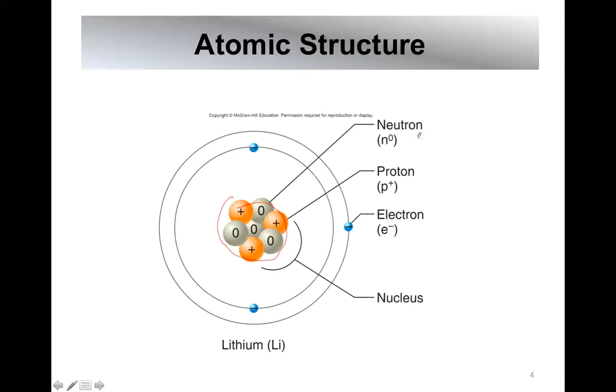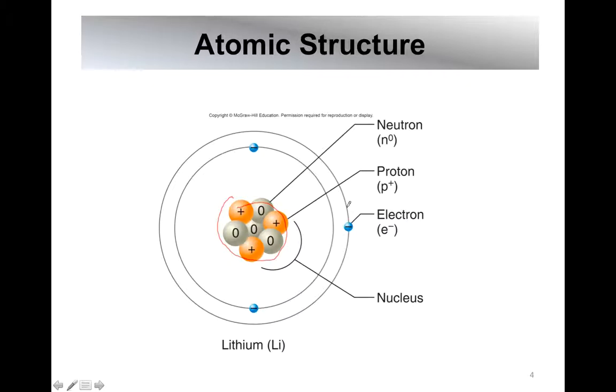And the nucleus has protons in it. Protons are positively charged, and they are abbreviated lowercase p with a superscript plus. And the neutrons are in there. Protons and neutrons are both in the nucleus. Electrons are found outside of the nucleus.